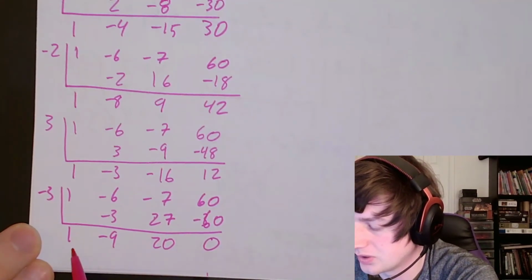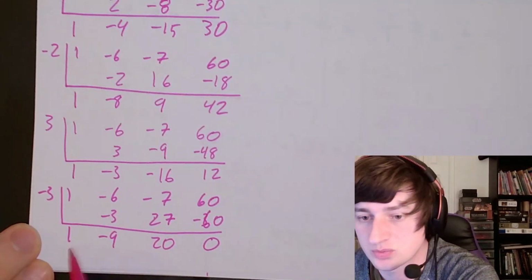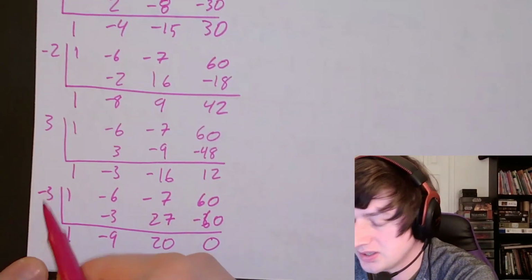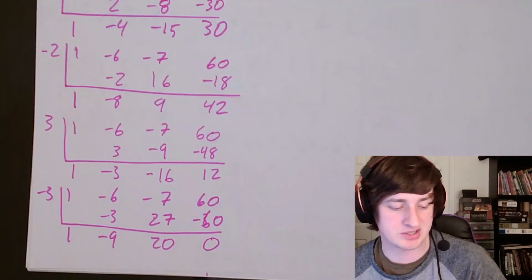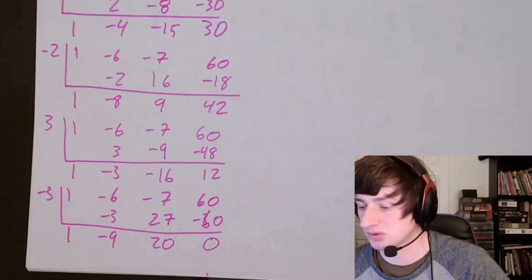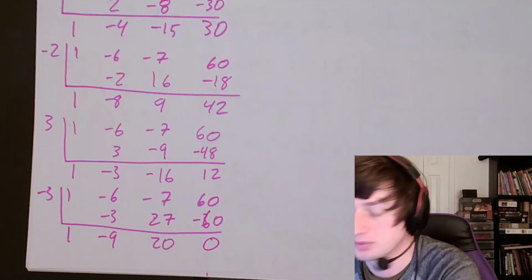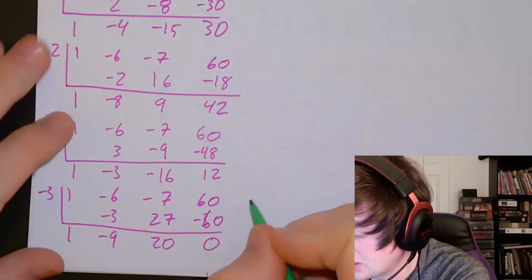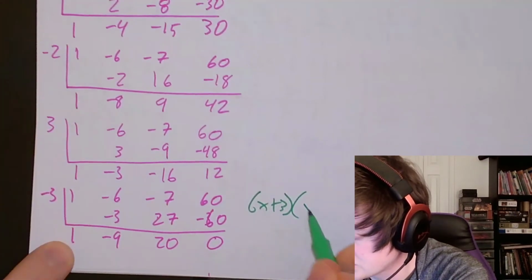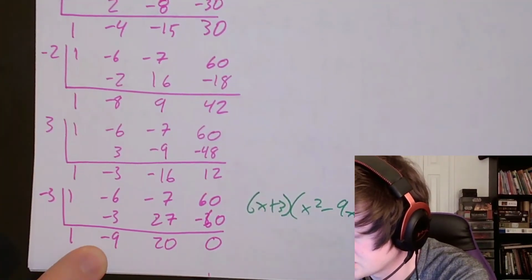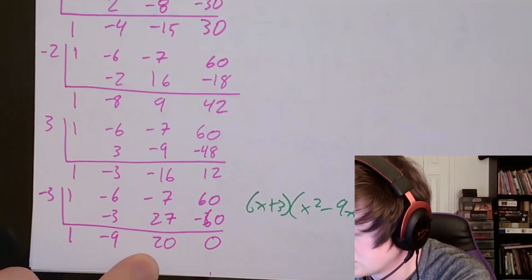And then this will be our quadratic. So negative 3 gives us the expression x plus 3 because we're looking for the 0 value. So this would be x plus 3 times 1x squared minus a 9x plus a 20 equals 0.